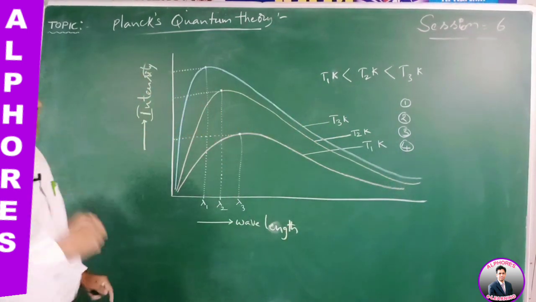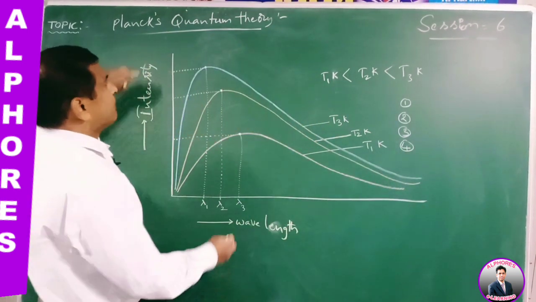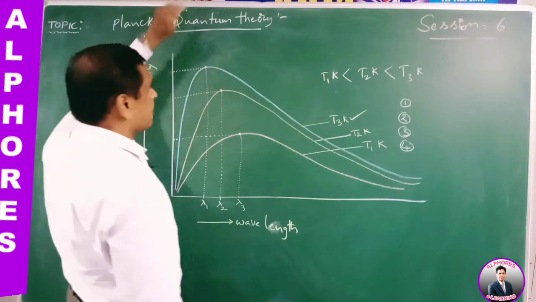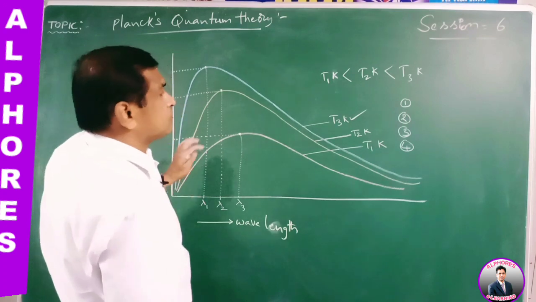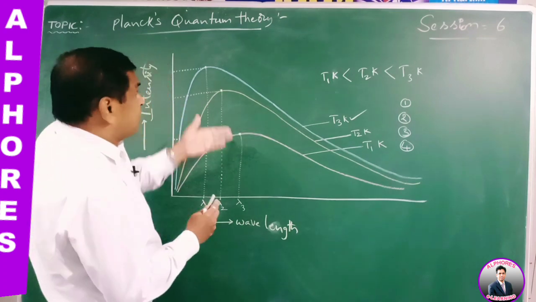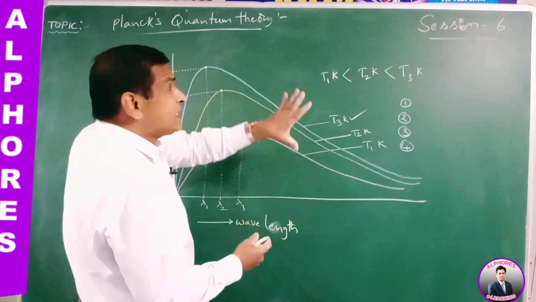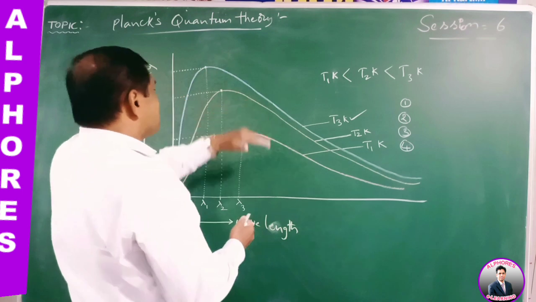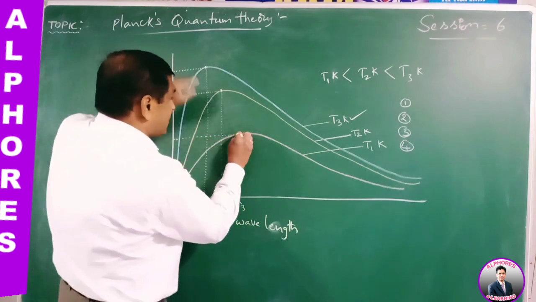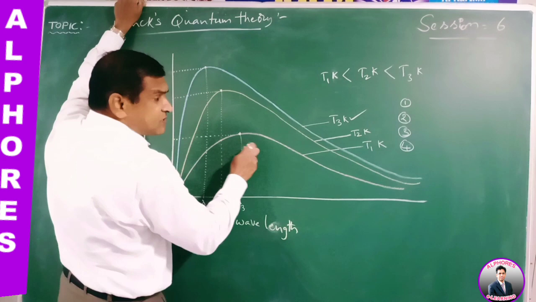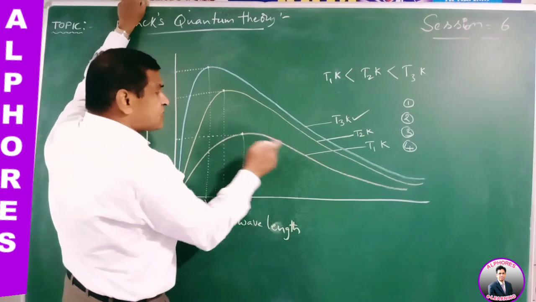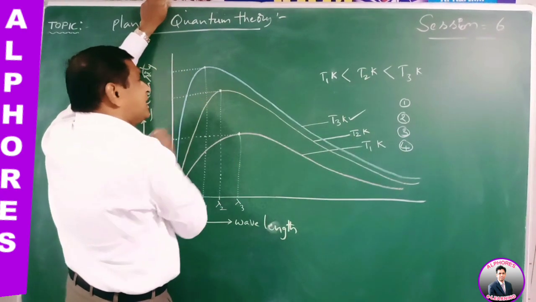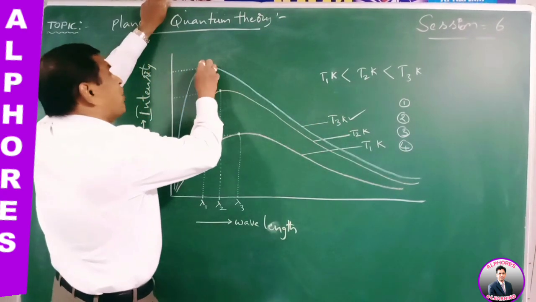Coming to the fourth point. At higher temperature, that is at T3 kelvins, the height of the curve increases, no doubt. It is also shifted towards the left hand side. You can compare all these high points. The T1 kelvins point is identified at this point, at T2 kelvins the point is identified at this, and at T3 kelvins the point is identified.